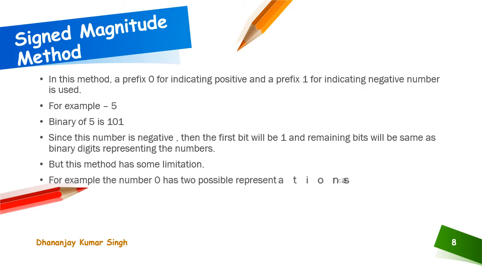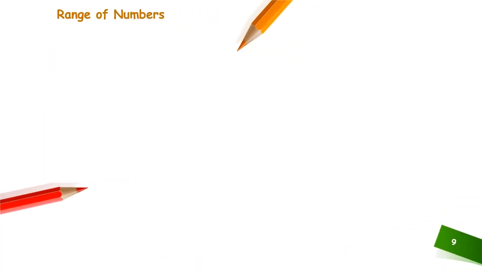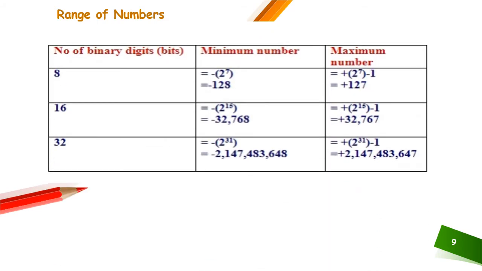But this method has some limitations. For example, the number 0 has two possible representations according to this method, positive 0 or negative 0. You can see here how these numbers have been represented, the range of numbers. Number of binary digits, 8 bits.